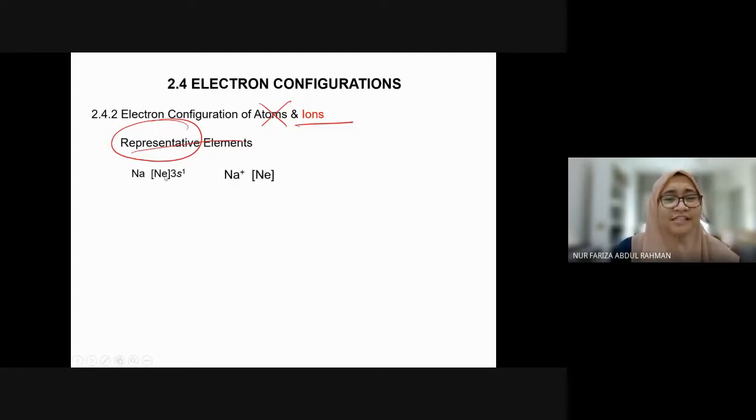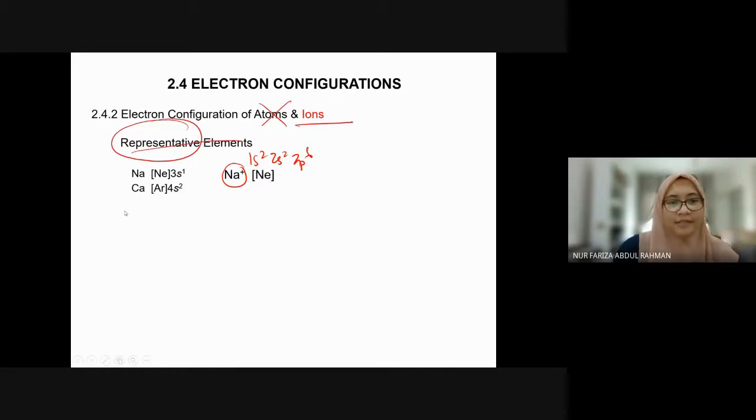If this is the original condensed electron configuration for sodium, when it loses one of its electrons, it becomes neon ataupun 1s2 2s2 2p6. This is in condensed form lah. Or alternatively, you can also have 1s2, 2s2, 2p6.